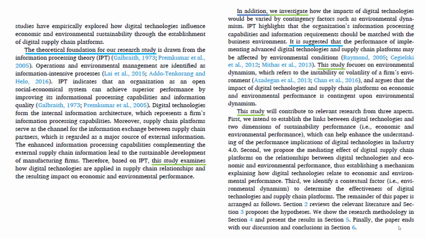All right, so finally, in the last paragraph of the introduction, where it says "this study," they actually give an outline of the whole paper. First, they're going to look at the link between digital technologies and sustainability performance. Second, they're going to look at the digital supply platforms and how that affects the situation. And thirdly, they're going to look at contextual factors, specifically environmental dynamism.